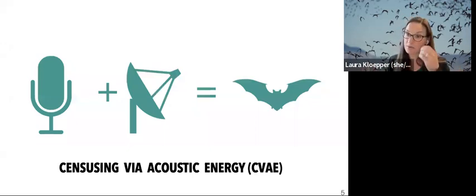And in this case, we're going to begin with bats because bats are what I've historically studied, and the bats are the framework for this. All of this is focusing on a method that I'm calling censusing via acoustic energy, or CVAE, meaning counting animals, in this case bats, with sound.